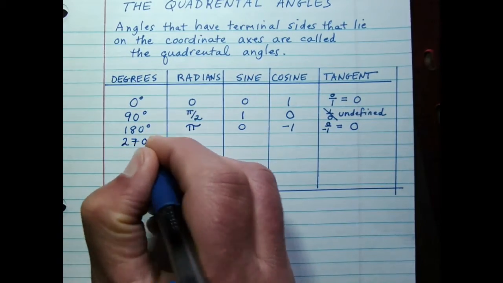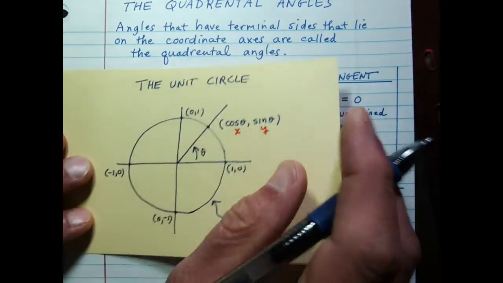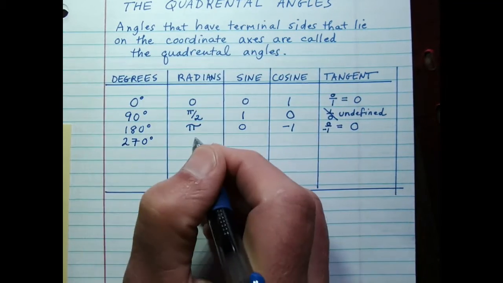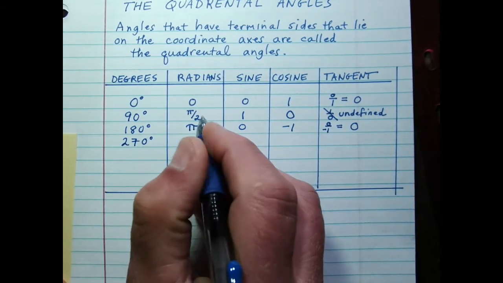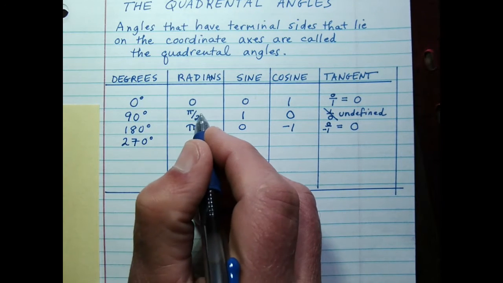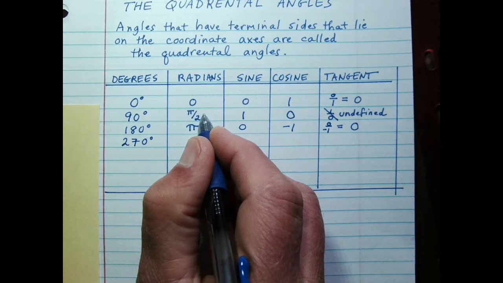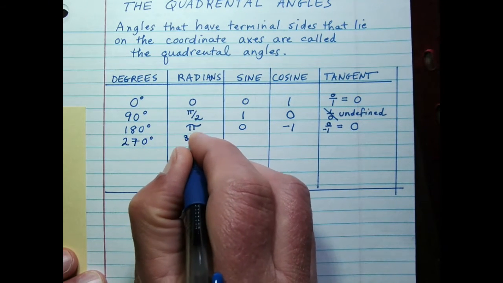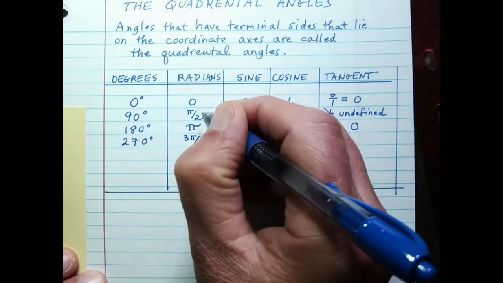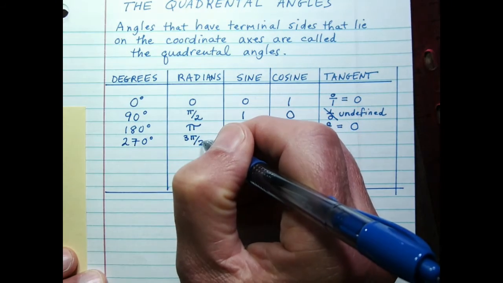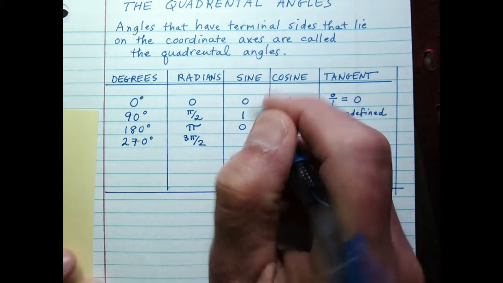270 degrees is 3/4 of the way around the unit circle. To get the radian measure for 270, just think in terms of multiples of 90 degrees. It's 3 times 90, so it's 3 times pi over 2, which is 3 pi over 2. Or think 1 pi over 2, 2 pi over 2 is 180, 3 pi over 2 is 270.